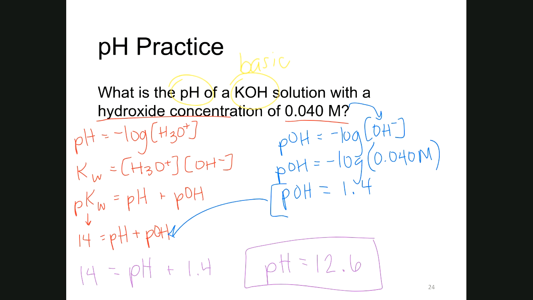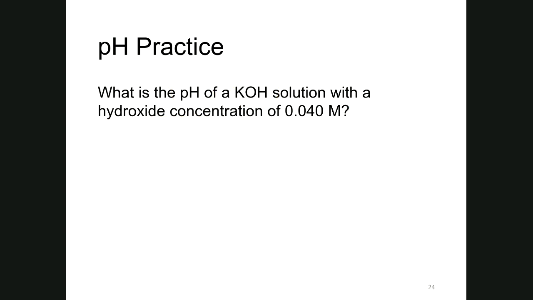Let's look at another method that you could do to solve this problem. So the other thing that you could do is take Kw and start from there. So we said that Kw is our hydronium times our hydroxide, and that is equal to 1 times 10 to the negative 14.